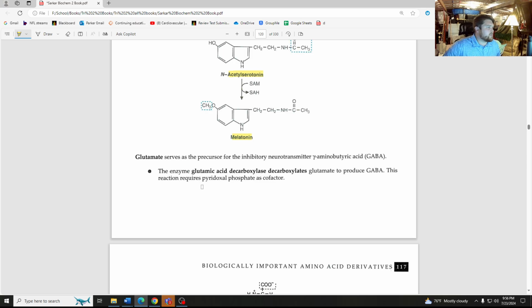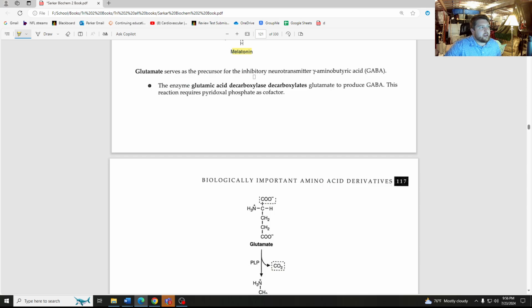Glutamate serves as the precursor for the inhibitory neurotransmitter gamma-aminobutyric acid, aka GABA. The enzyme glutamic acid decarboxylase decarboxylates glutamate to produce GABA. This reaction requires pyridoxal phosphate as cofactor.